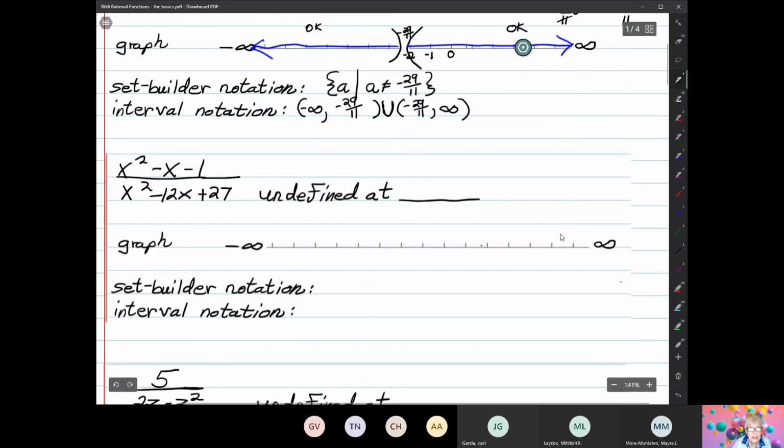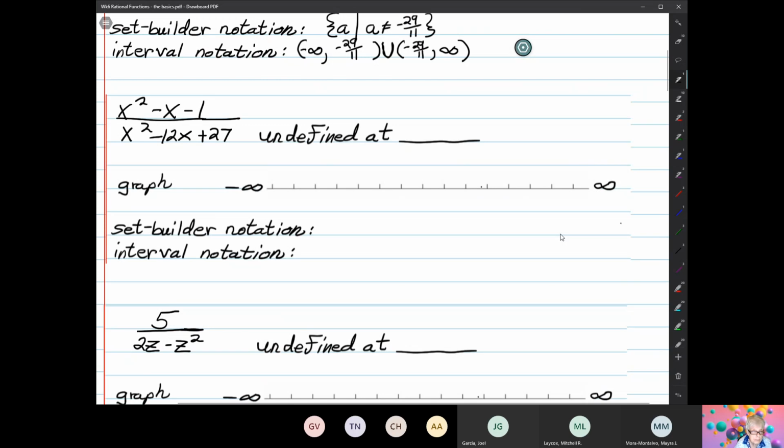All right, now the next one. X squared minus 12x plus 27 is at the bottom, and do I care what's at the top? Not when I'm being asked about what number or numbers will make the rational expression undefined. I don't care about the top at all. I could even erase it if I wanted to, so I'm going to squiggle through it.